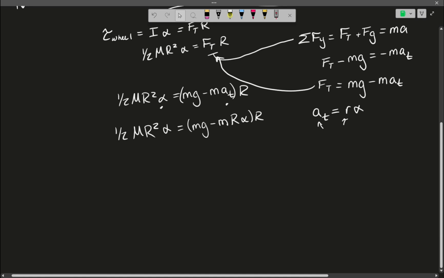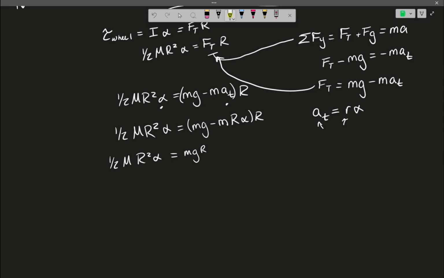The next thing I need to do is I need to get both angular accelerations into the left-hand side, so I'm going to have to distribute the right-hand side of this equation. So I have 1/2 mr squared alpha is equal to mgr minus mr squared alpha. And then I'm going to add mr squared alpha to both sides.